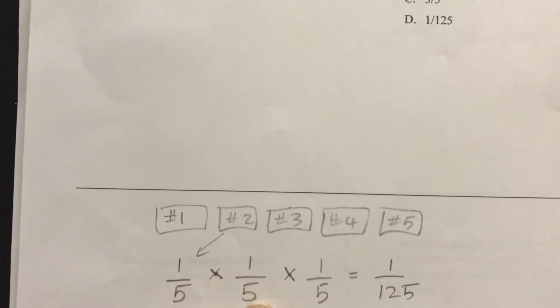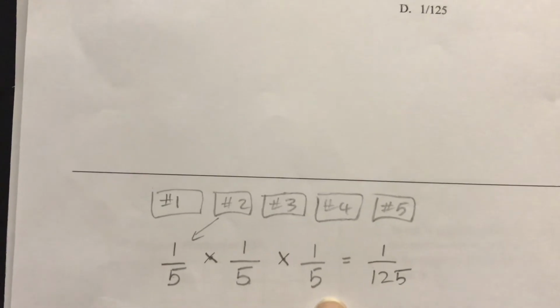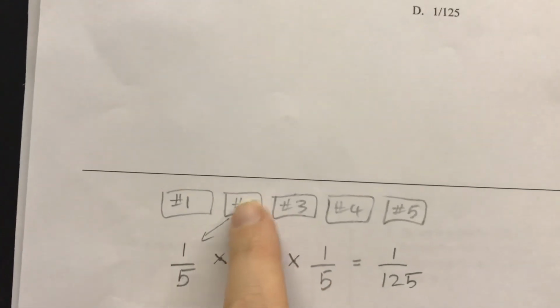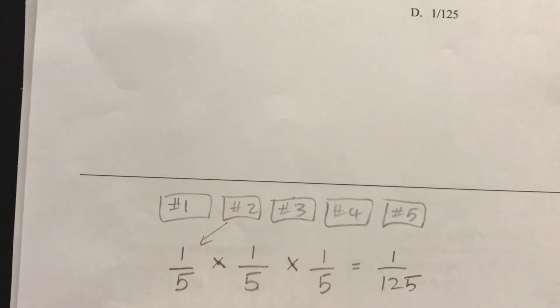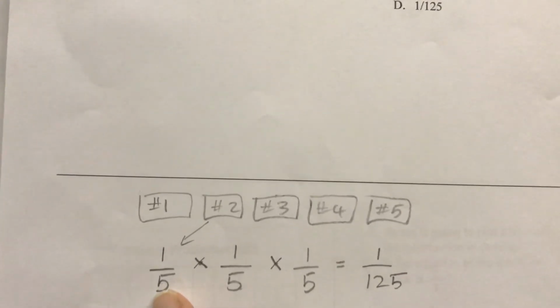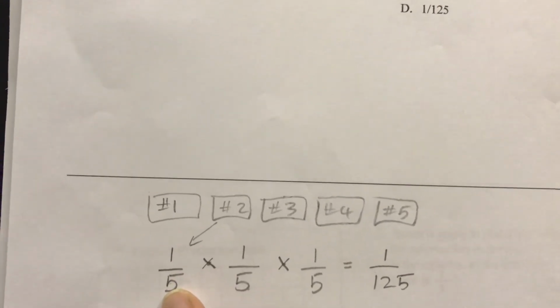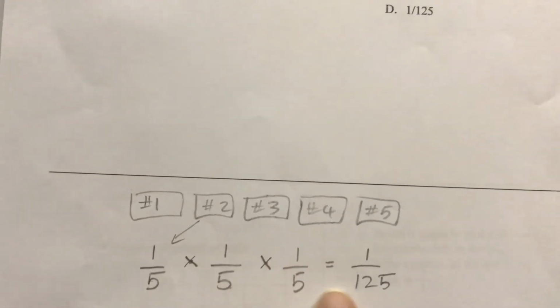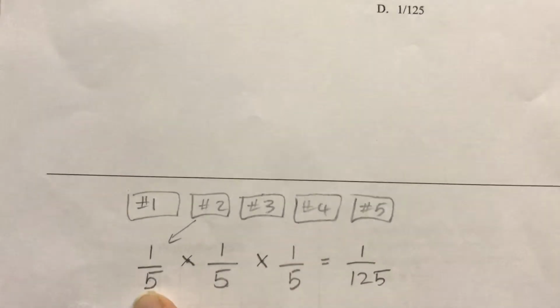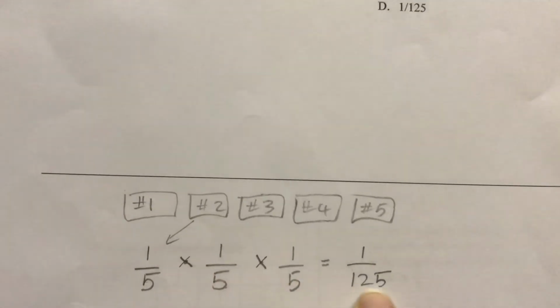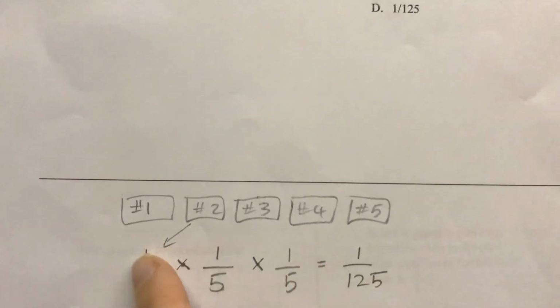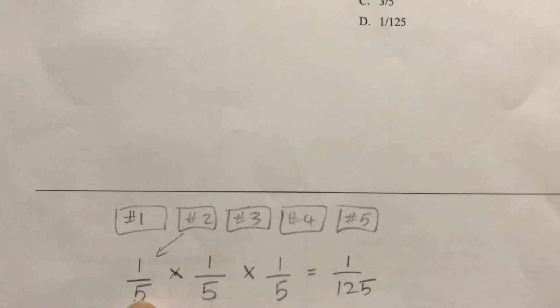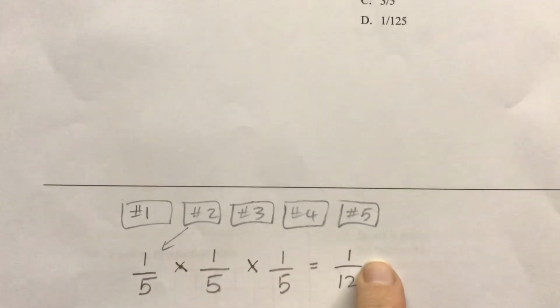Now she does this 3 times, and each time she has a 1 in 5 chance of riding the number 2 trolley. So with probability, what we say is we do 1/5 times 1/5 times 1/5. And then we multiply these together. So when we multiply fractions, we multiply the numbers on the bottom, the denominators, and we multiply the numerators. So 1 times 1 times 1 is simply 1.